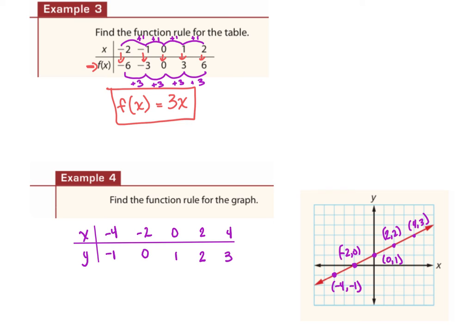All right? And then I'm going to see what's happening here. Well, for this one, my x's are changing constantly. How are they changing? A positive 2. So all of these are positive 2's. How are these changing? Right, positive 1.